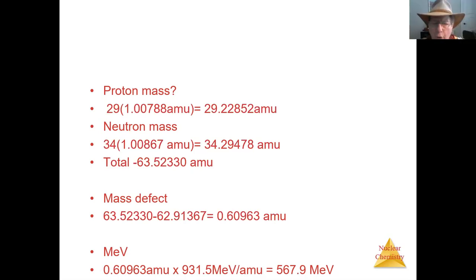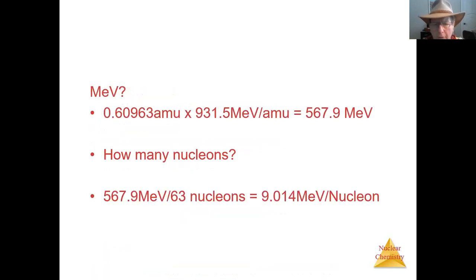Or I can just do the straight conversion. One AMU is equal to 931.5 MeVs. So I multiply the AMUs by this, I get the MeVs directly. But that's for 63 nucleons. In order to get the binding energy per nucleon, I have to divide this by all the nucleons, which is 63. So I get 9.014 MeVs per nucleon.